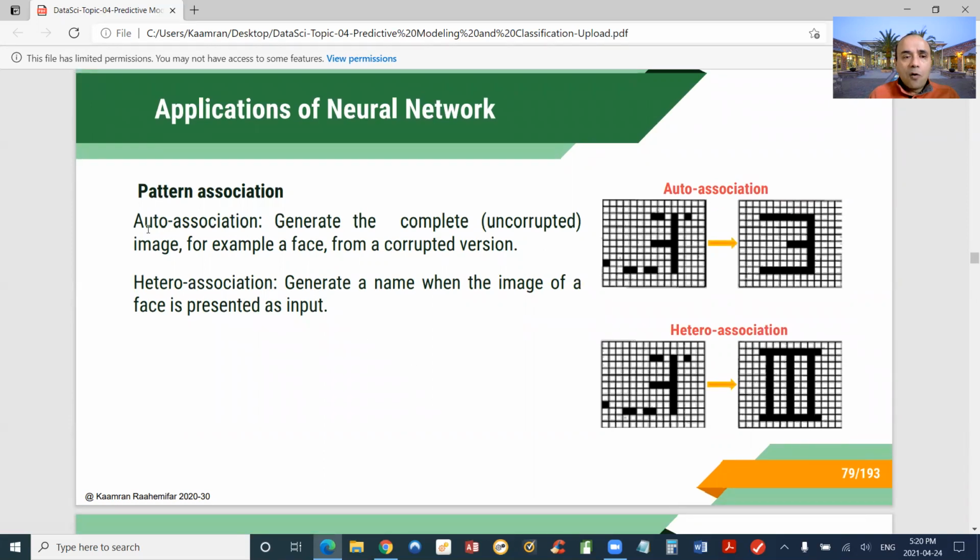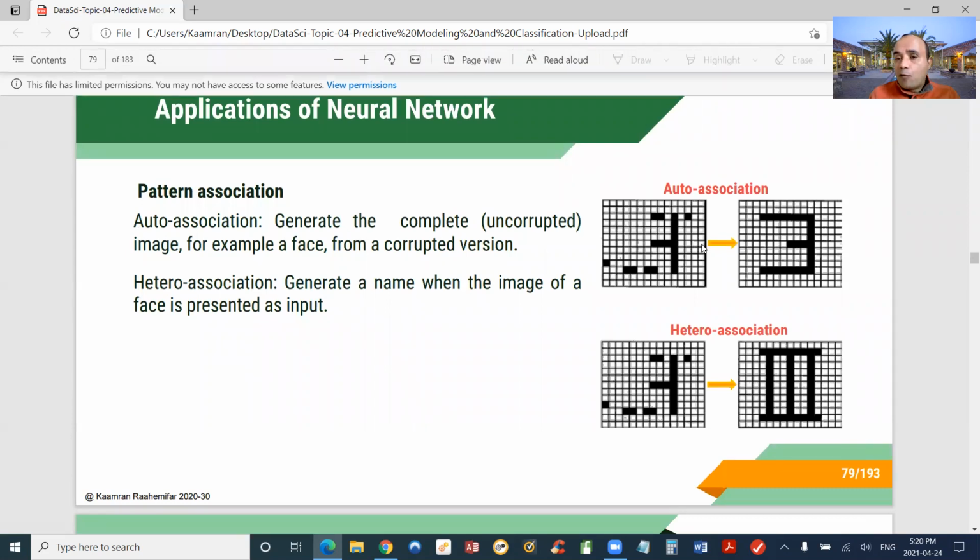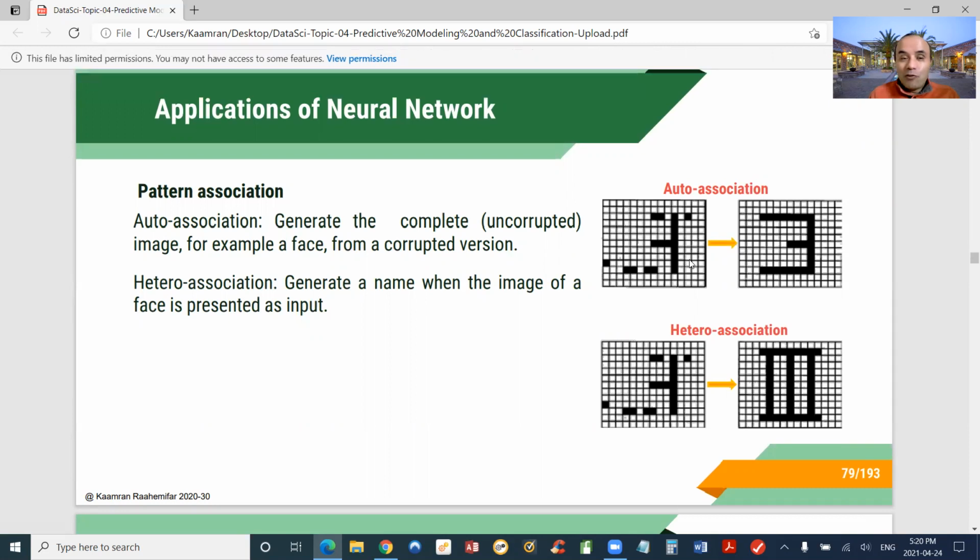One of them is called auto association. If you take a look at this image, it is a simple image. And when you take a look at that as a human, and once again, we should be quite aware of the difference between human and computer, and you need to remain conscious about that difference.